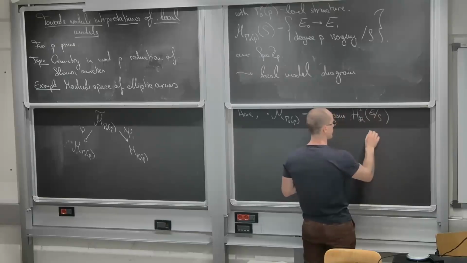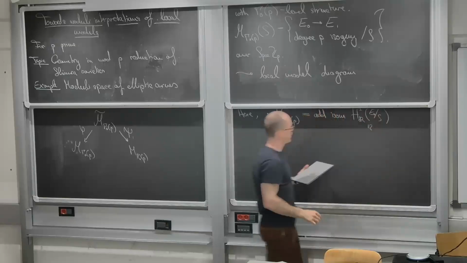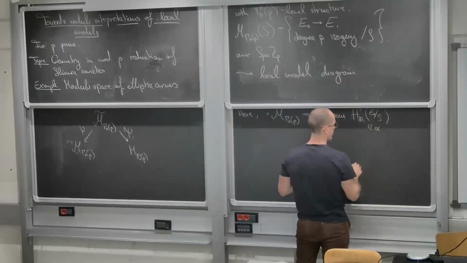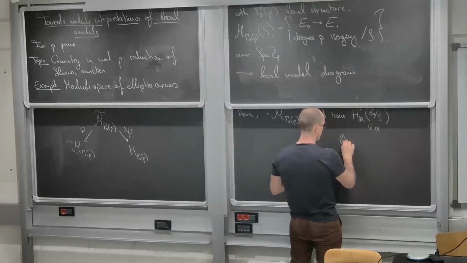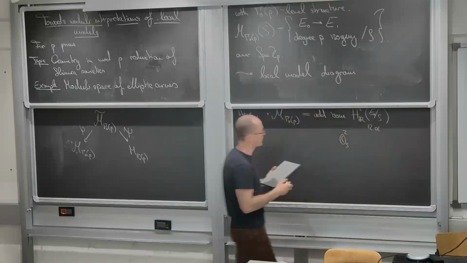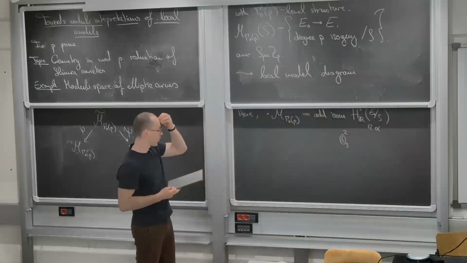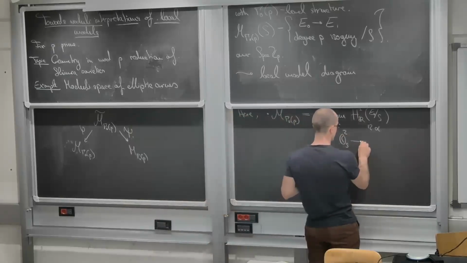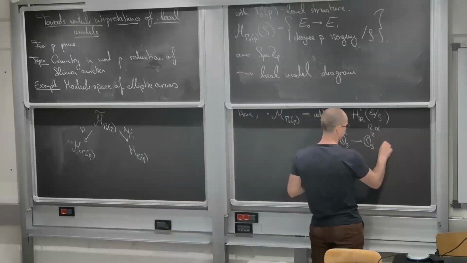Maybe let me call this datum alpha. And there's something you have to prove, but locally on S there's always a normal form. And it looks like this.